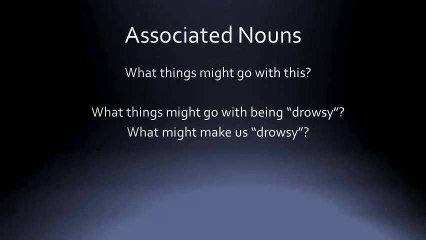Sometimes we have to think a little bit about what question might go with the word that we're explaining. So for this question, we could say things like, cold medicine might make us drowsy, or being in a hot, stuffy room might make us feel drowsy.